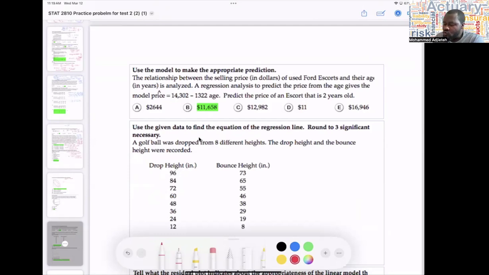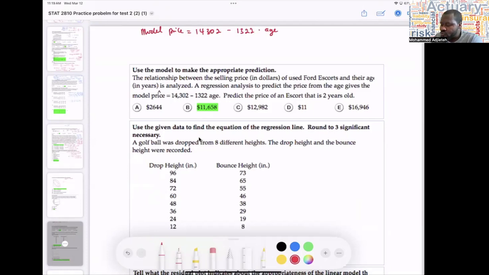So what do we know? We know that the model price is equal to 14302 minus 1322 times the age.